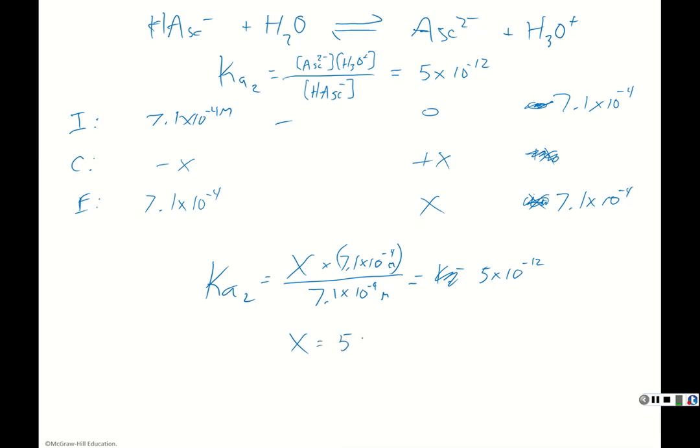X is just going to be equal to 5 times 10 to the minus 12. So that's pretty easy. If the value is on a problem like this, in any case, it's going to be the same as the Ka value, that concentration of your conjugate base there. Okay. So that's an example of how we can use two of these types of equilibrium problems in succession.